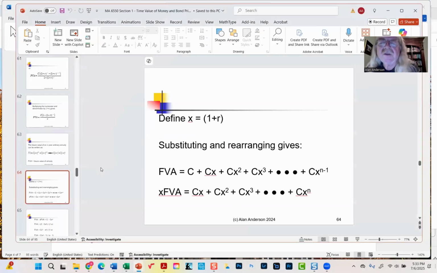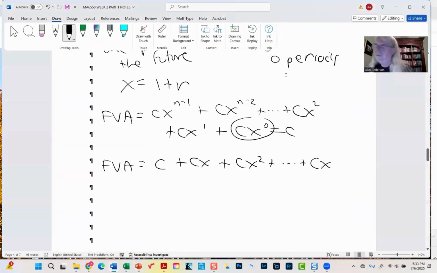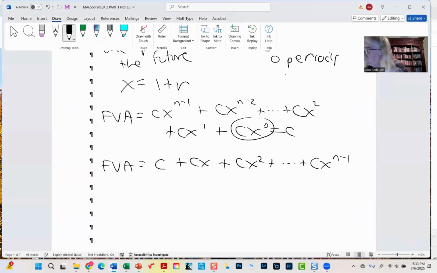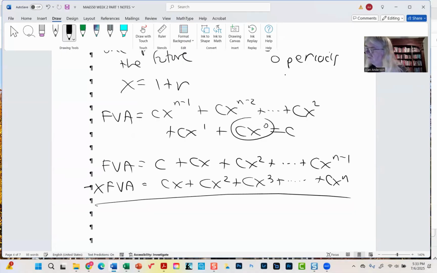So then it ends up with CX to the N minus 1 at the end. And then once again, let's try the same trick we had before. Subtract.